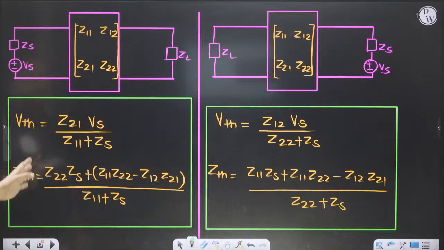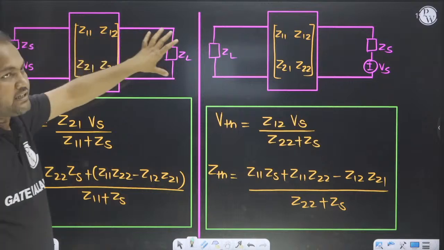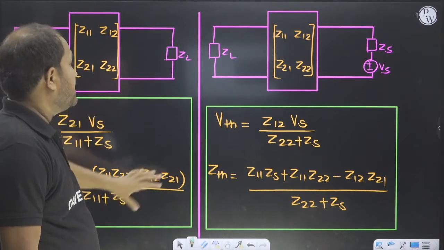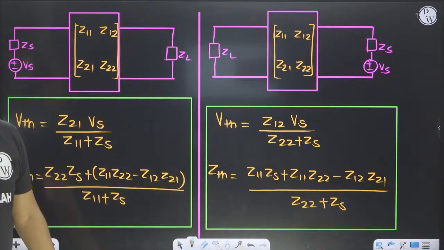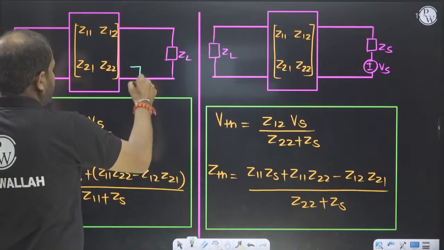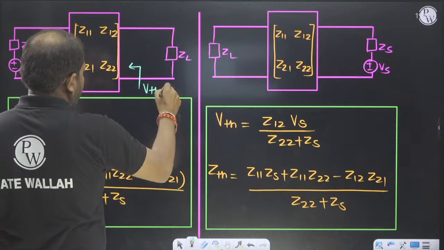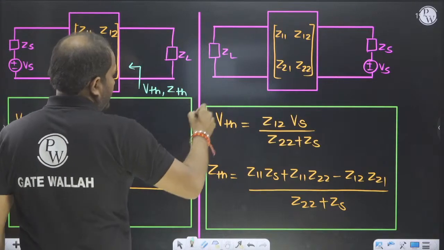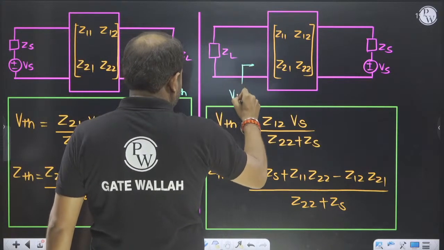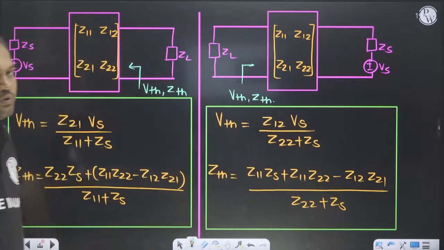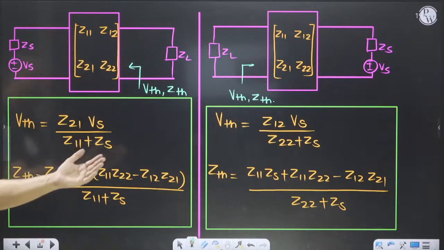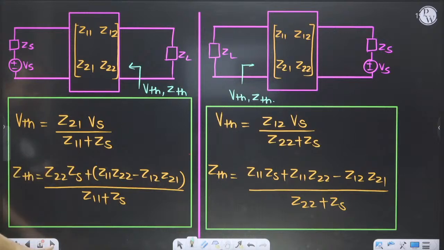And this is VTH and ZTH in terms of the z parameter, when ZL is connected at the second port, VTH and ZTH, and when ZL is connected at the first port, VTH and ZTH. So we are going to calculate VTH and ZTH on both sides. This is a very important question. They will ask it in the GATE exam.